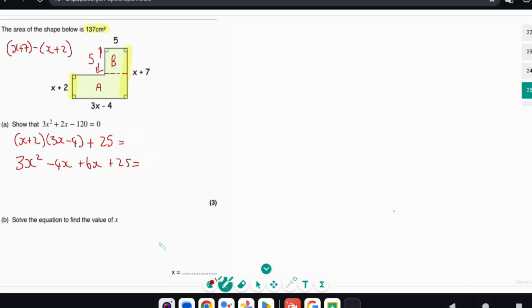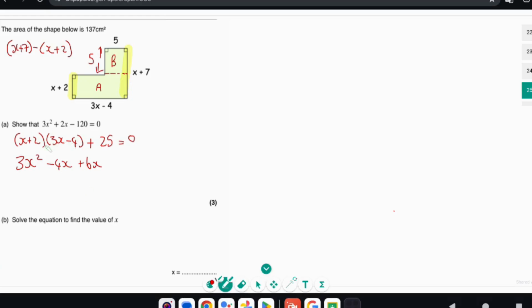This makes more sense now. Simplify. Minus 4x plus 6x is positive 2x. Minus 137 from both sides, so 25 minus 137 is minus 112. No, it's not. So, missed out a bit here, haven't I? Well, it's a good job this is a show that question. So I've missed out this here.